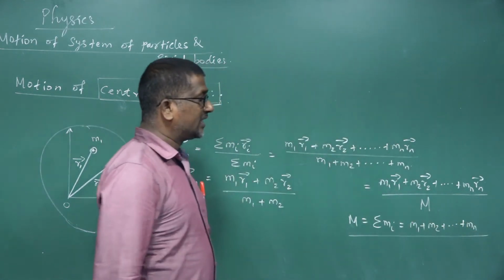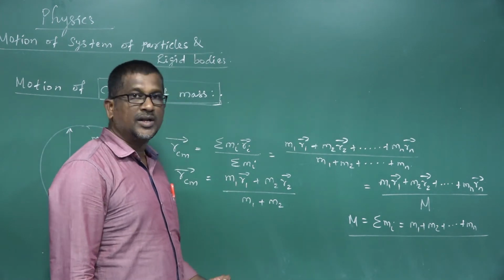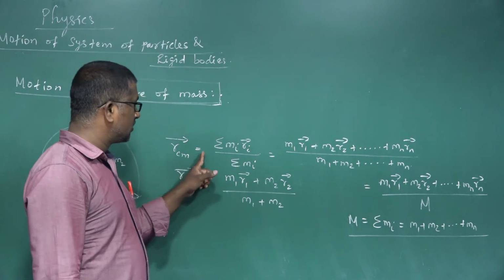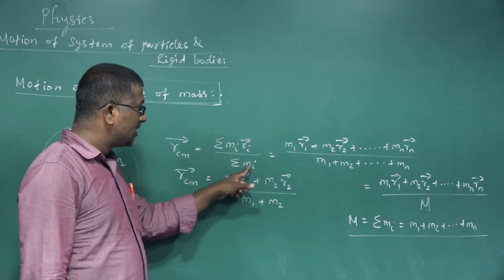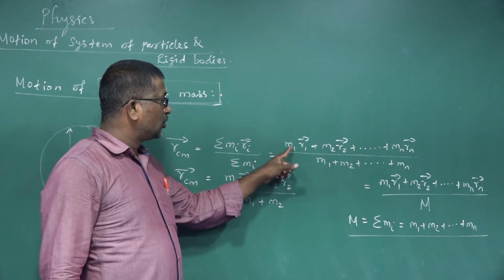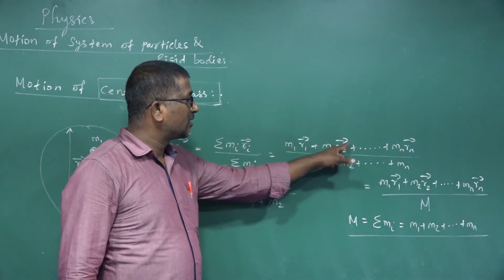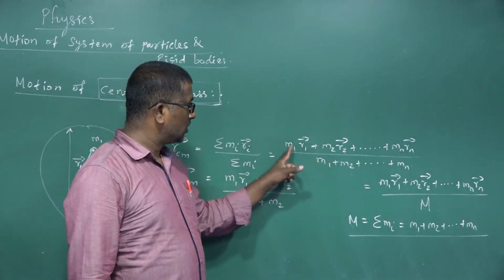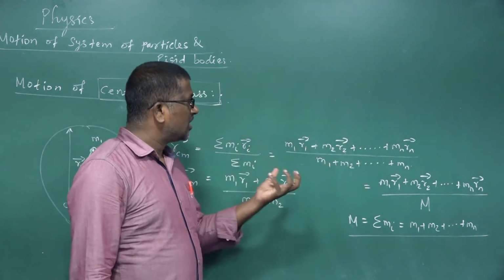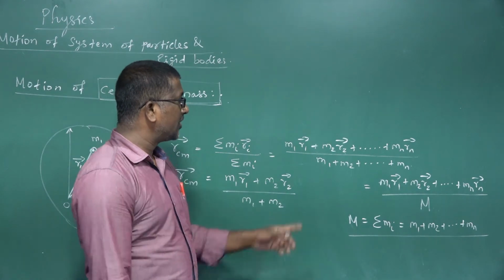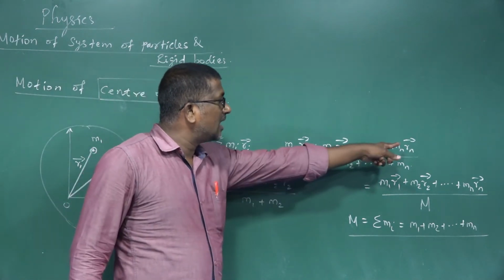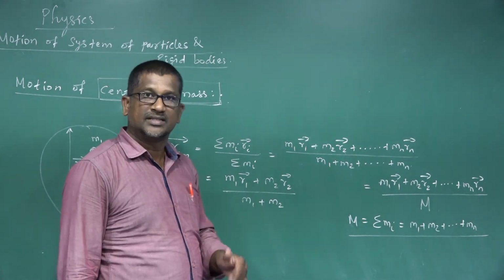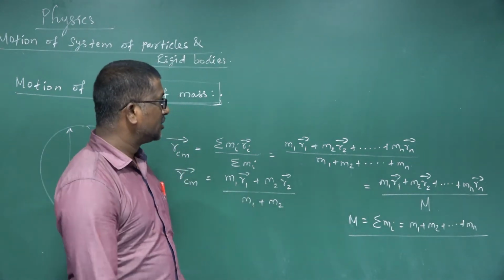So the position vector of the center of mass of a rigid body containing n particles is R_CM vector equals summation m_i r_i vector divided by summation m_i. Here m1, m2 and mn are the masses of all the particles, and r1 vector, r2 vector up to rn vector are the position vectors of the individual particles in the rigid body.